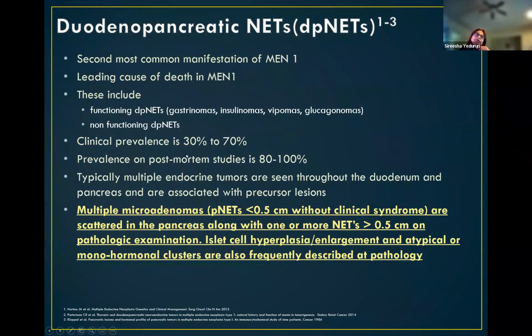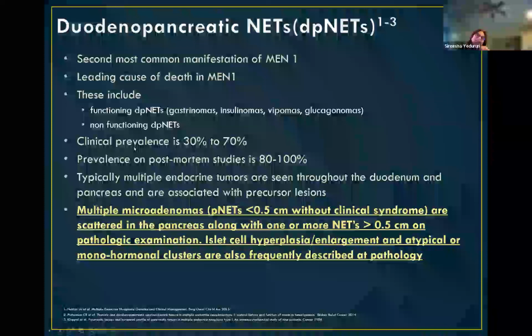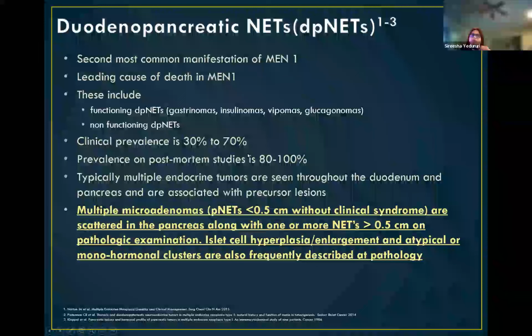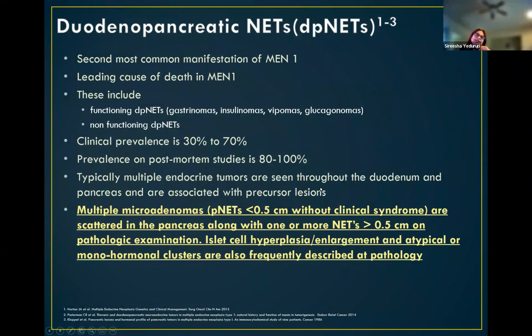But on postmortem studies, and this is something I want you to remember, nearly everybody has some tumors in the pancreas. On postmortem study, 80 to 100% of the people have some form of tumors there.